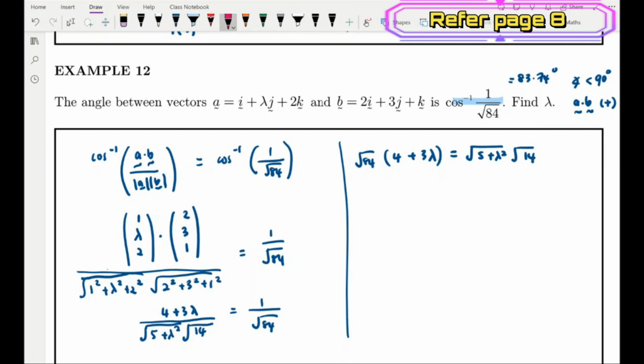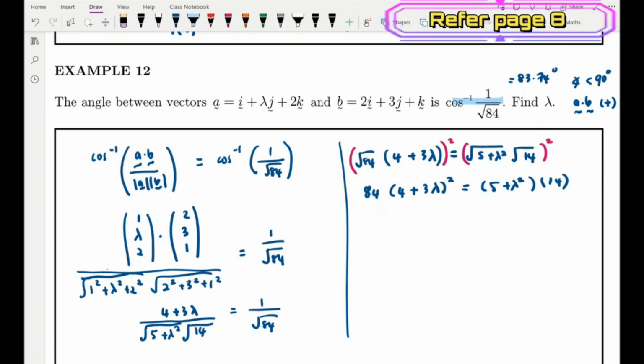So if we find the value of the root, that means we can eliminate the root by squaring both sides. So we can get 84 times 4 plus 3 lambda squared equal to 5 plus lambda squared times 14.